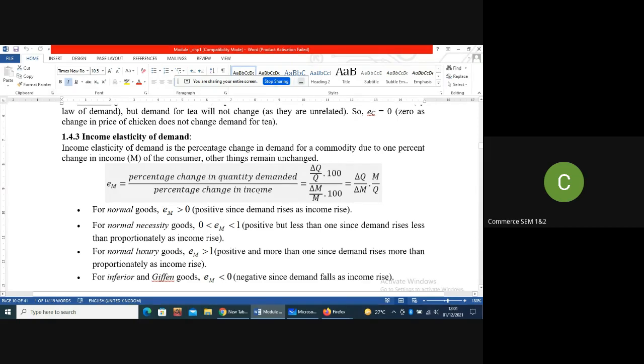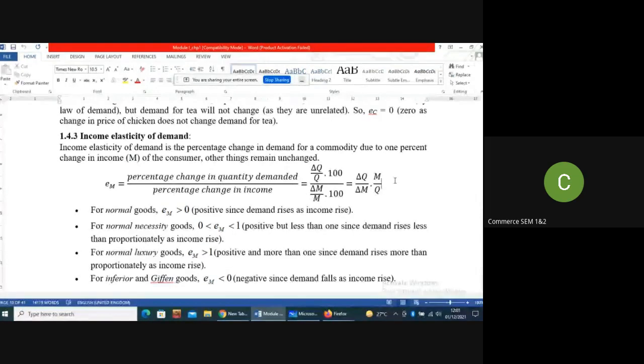That means if the denominator is equal to 1, then income elasticity is equal to the percentage change in quantity demanded. That means if there is a 1% change in your income, the percentage change in quantity demanded is given by your income elasticity of demand. Fine?